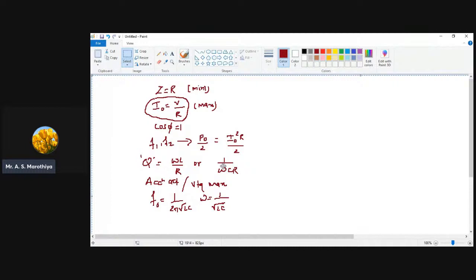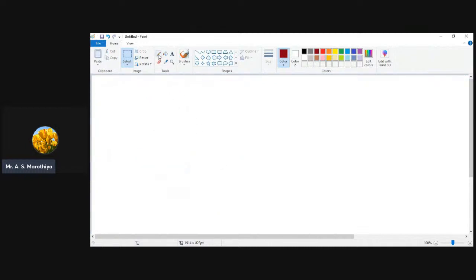So these formulae you have to remember. Once you know this, let's make a quick revision on parallel resonance circuit. What is parallel resonance circuit, and how to deal with that? Now, see here, in case of parallel resonance circuit, instead of connecting RLC in series, we need to connect RLC in parallel. So here we have R, here we have L, and here we have C, connected in parallel configuration like this.